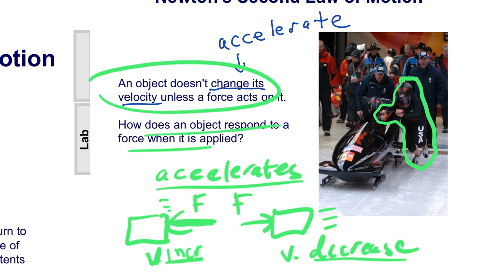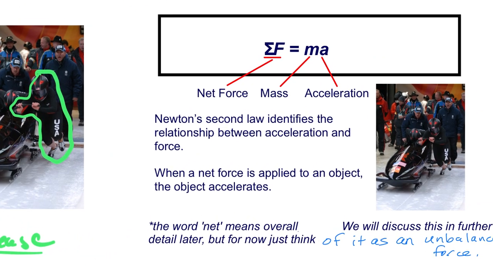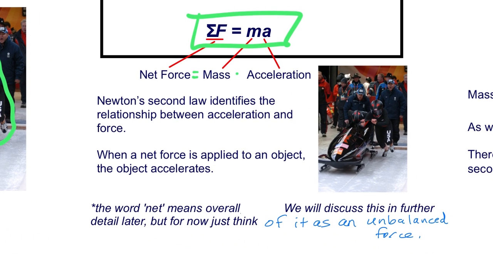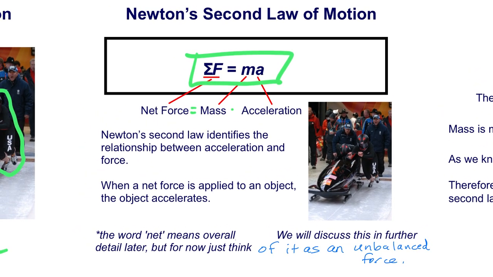We learned that before. The second law states that in order to accelerate, an object has to have a net force on it. Now, we can put that in equation form. Net force equals the mass of the object times the acceleration given to it by the net force. This is the second law in math terms. Okay? So you should already know that the acceleration is a vector.